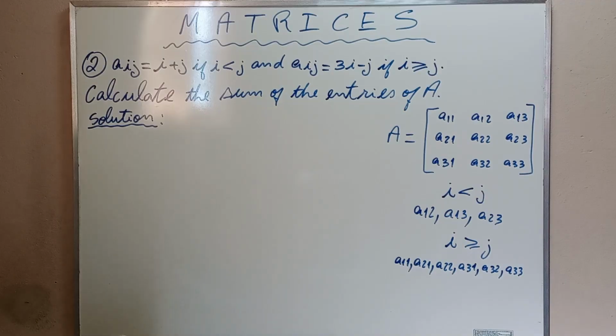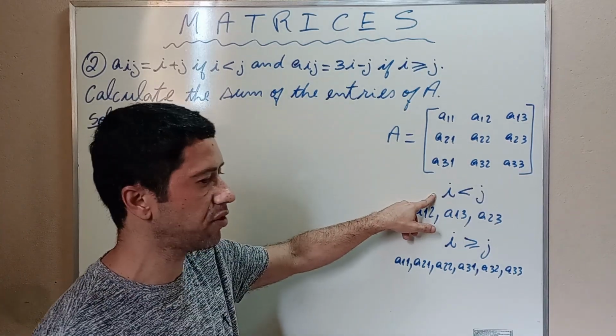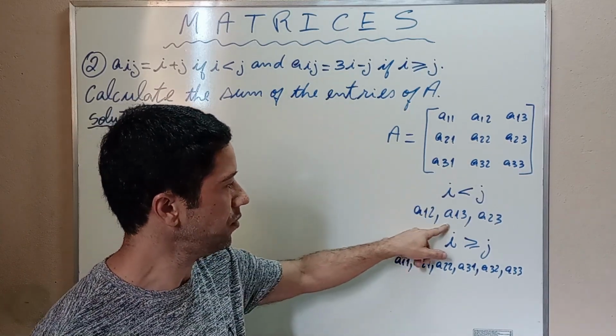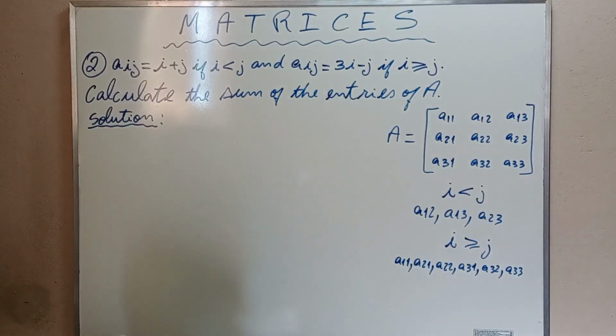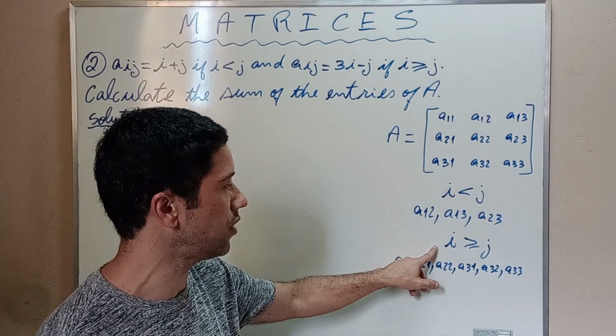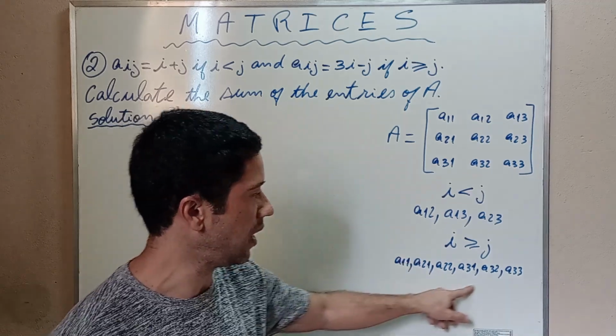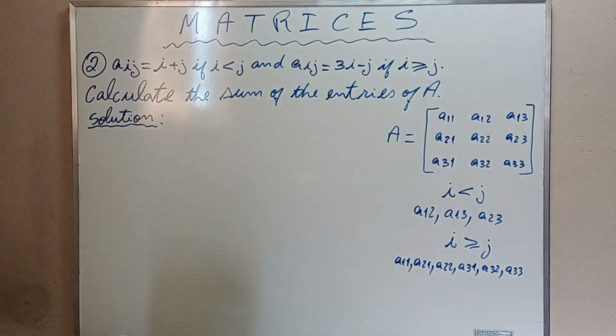Firstly, we need to identify the entries of A for which i is less than j. They are these. And secondly, the entries of A for which i is greater than or equal to j, and they are these, okay? Now, we simply use the rules of formation.